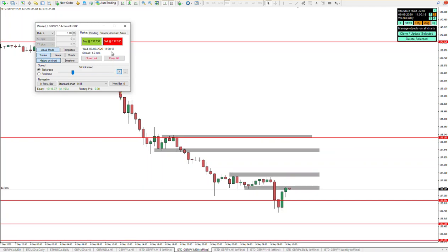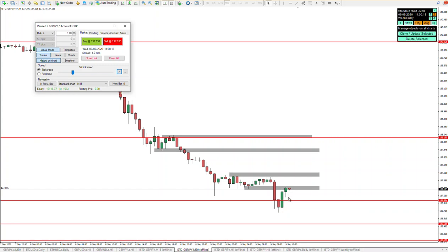Okay, we are now 1 hour in the London session. We got an M30 closing like this with a higher low, higher high, tiny bit higher than the previous candle. The momentum slowed down and we are still below the support. We are still outside of this range.